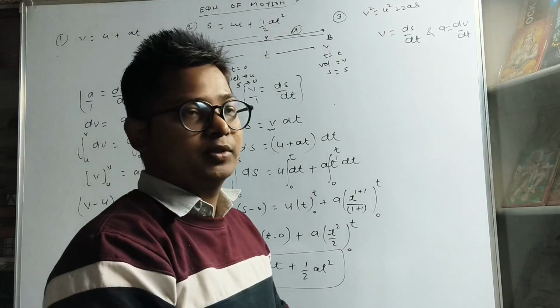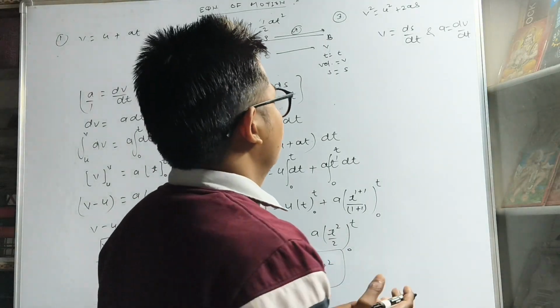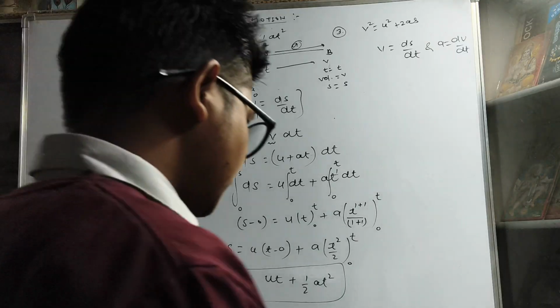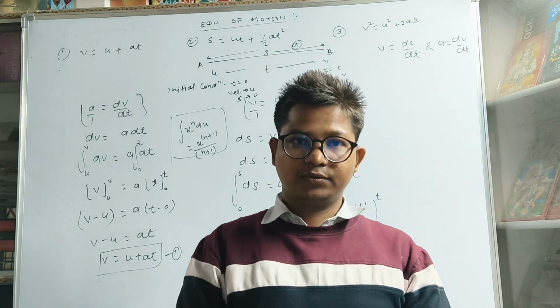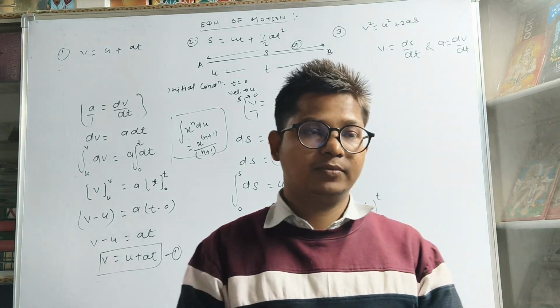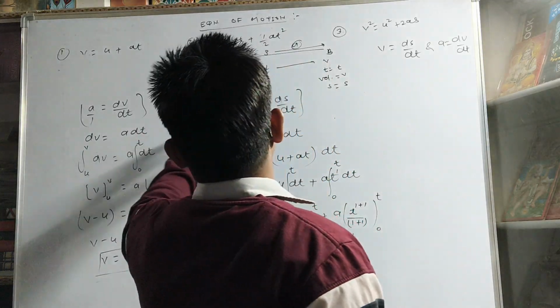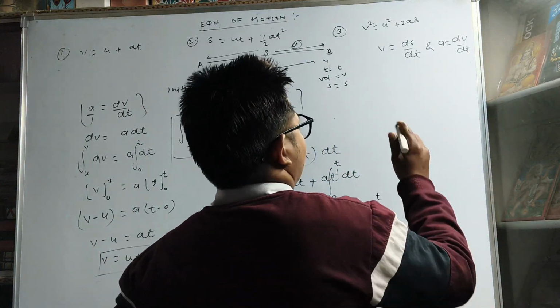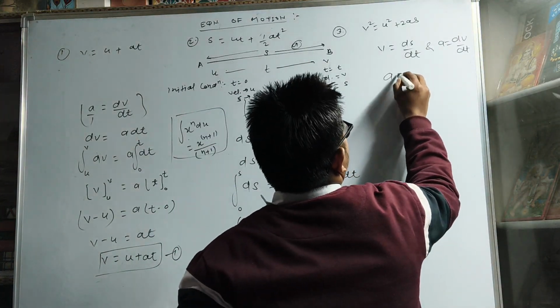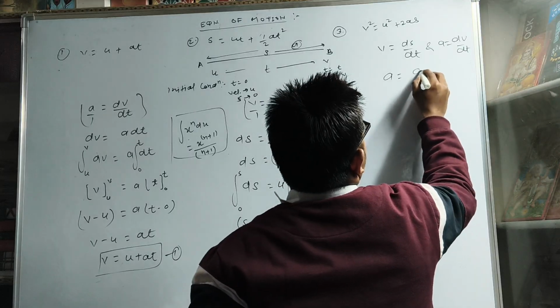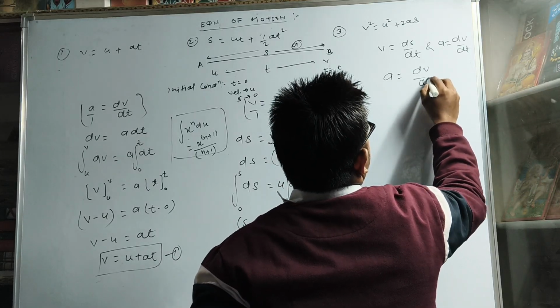Now if you want to prove the third equation of motion, then we have to merge these. The third equation of motion will be proved with the help of these two basic formulae. So acceleration is equal to dv by dt.